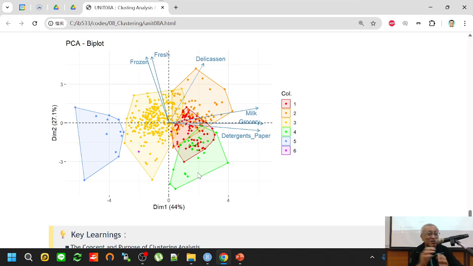Okay? So after we apply these two schemes, the first thing is that we can see the groups, and we can see the group characteristics, right? Okay? So this is the clustering and dimension reduction skill that I would like to introduce to you today, right?